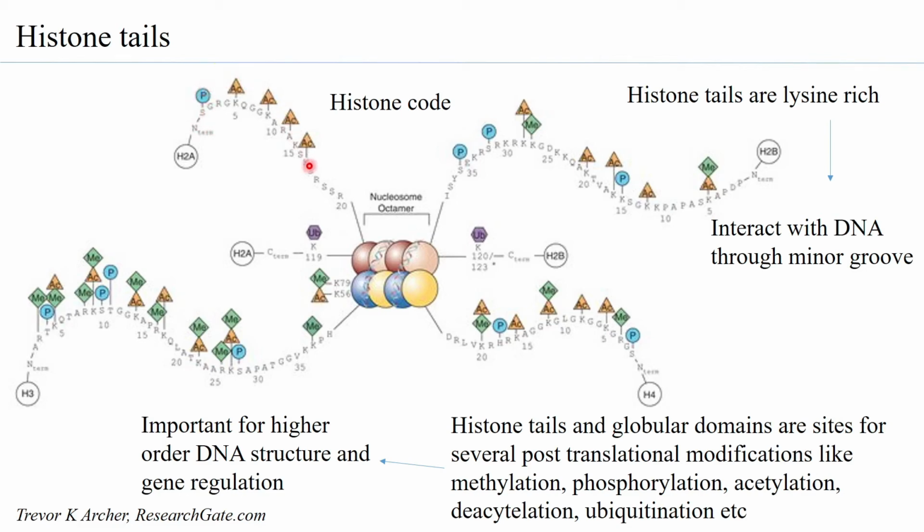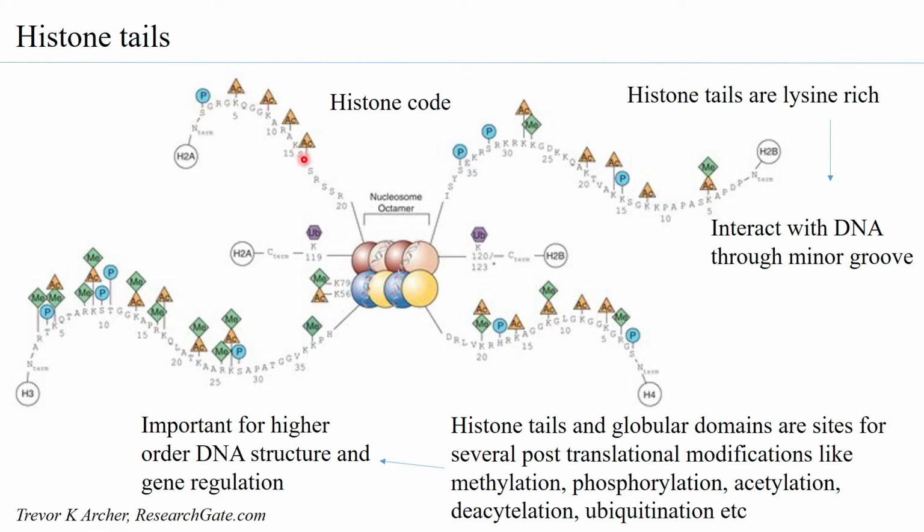Then this modification may lead to the histone tail binding to some other proteins or binding to the DNA in a specific way. Suppose you remove two of these acetyl groups; now you're left with one phosphate and two acetyl groups, where earlier you had four acetyl groups and one phosphate.